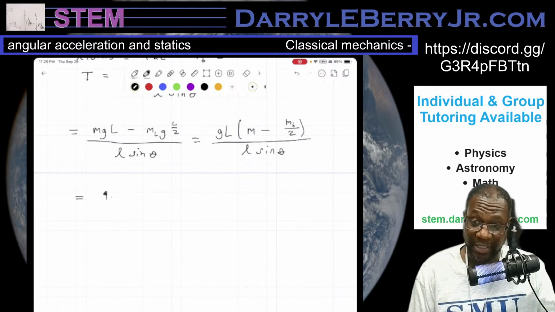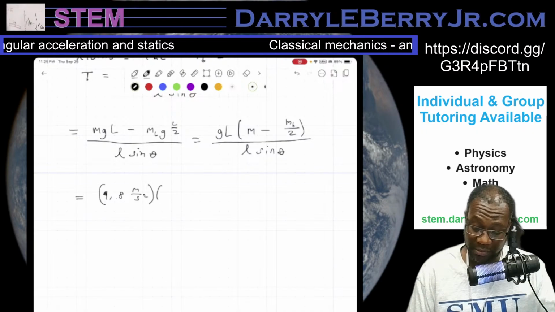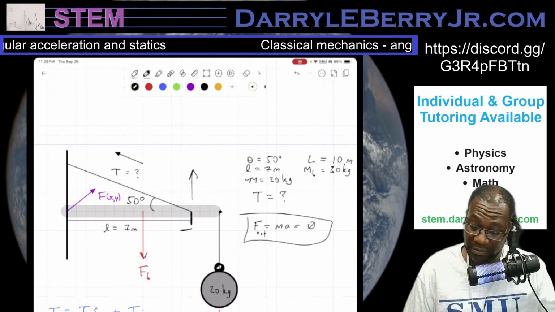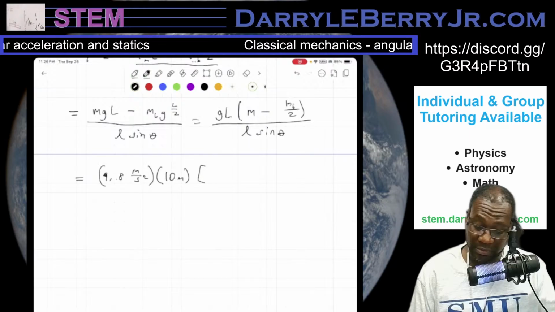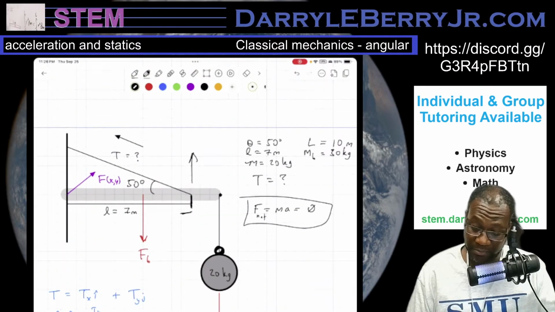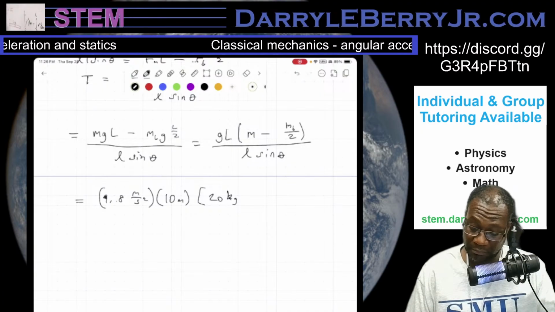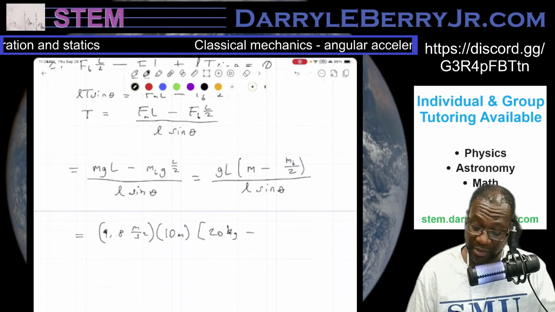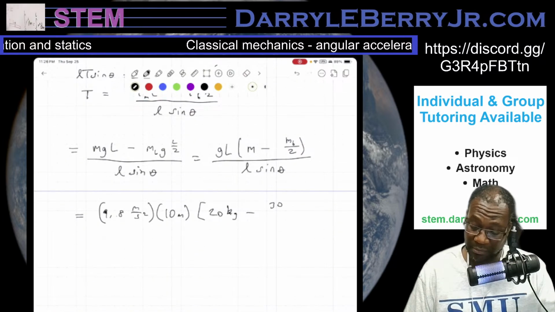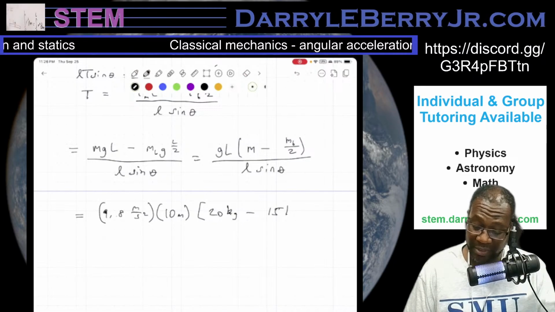So we have 9.8 meters per second squared, L is 10 meters, times M is 20 kilograms, minus M_B is 30 kilograms, 30 kilograms divided by 2, so let's put 15 kilograms.